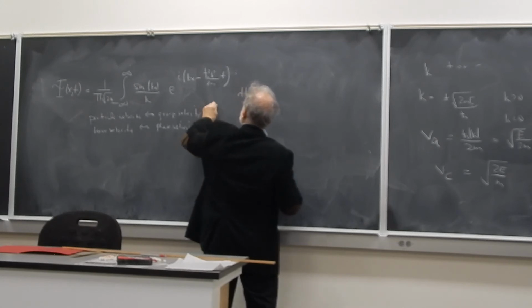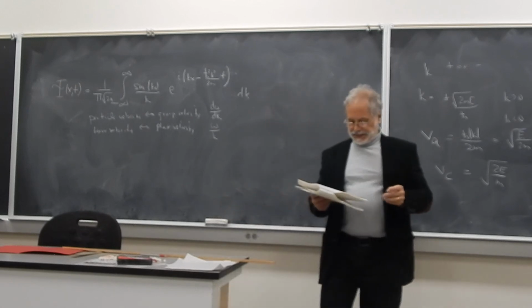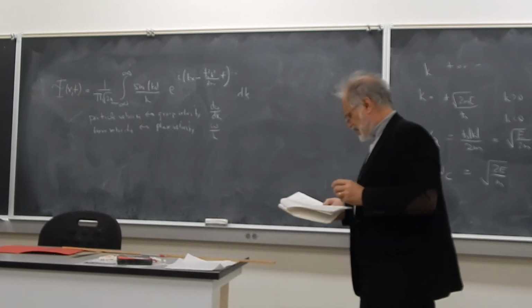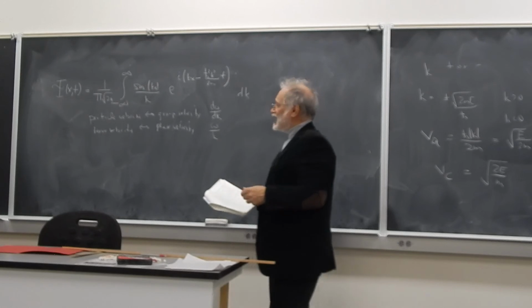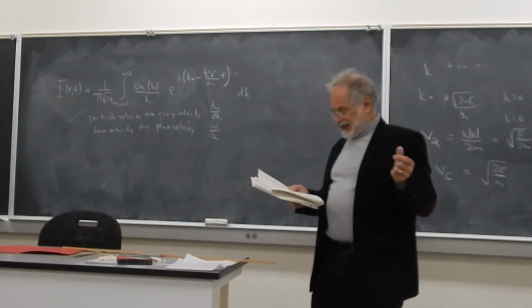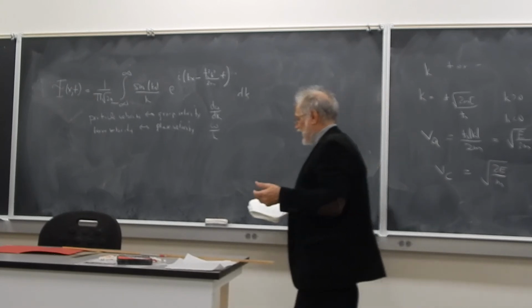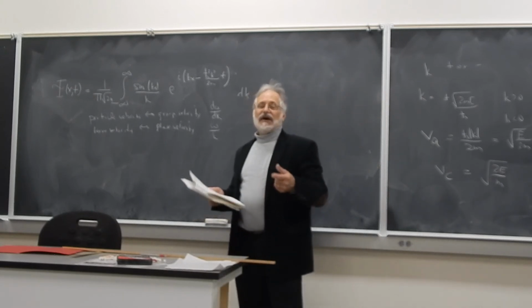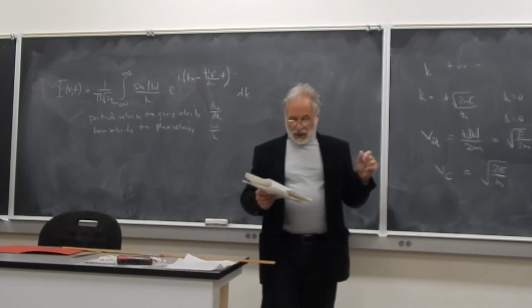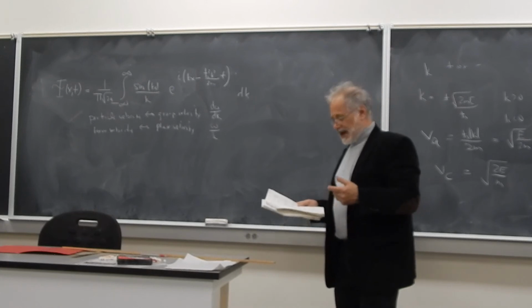The group velocity is expressed as d omega dk, as you'll see. So it's not surprising that the two would have different values. For example, for waves on a string, the group velocity and the phase velocity are exactly the same. However, for water waves, the group velocity is actually half the phase velocity.